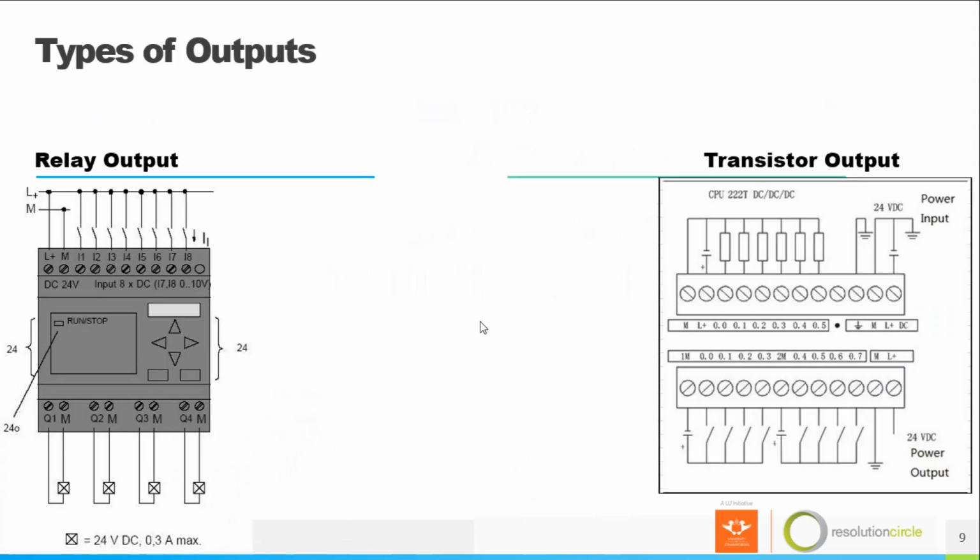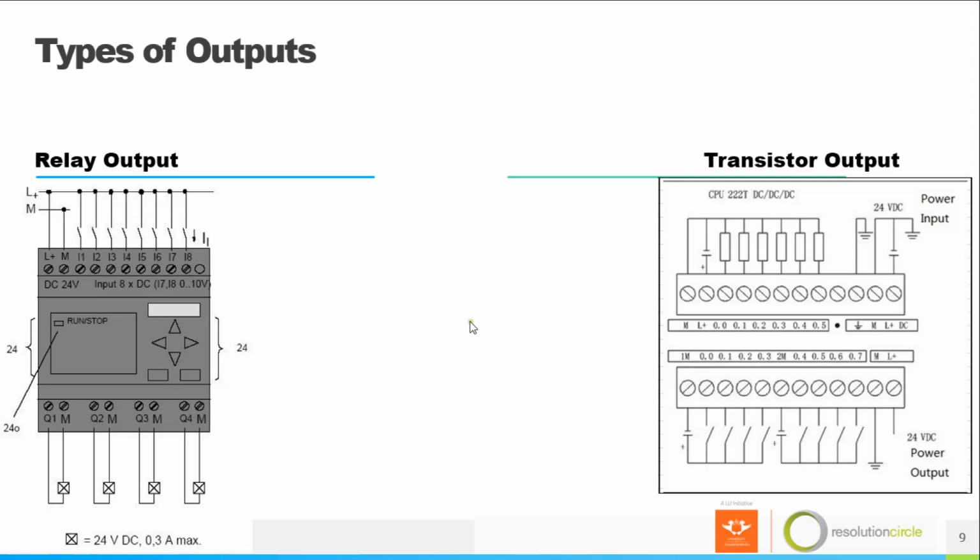Earlier on, I said I'm going to explain the difference between the outputs. We have two types; well, there are three, but my main focus will be on these two. We have relay output and we have transistor output.